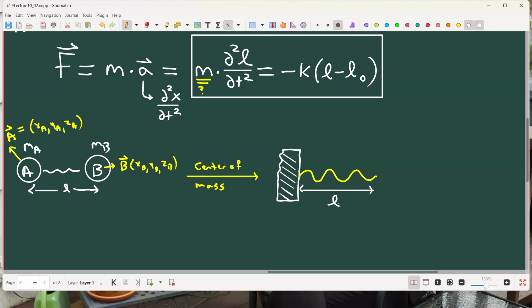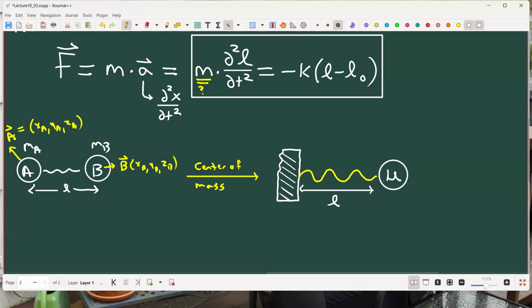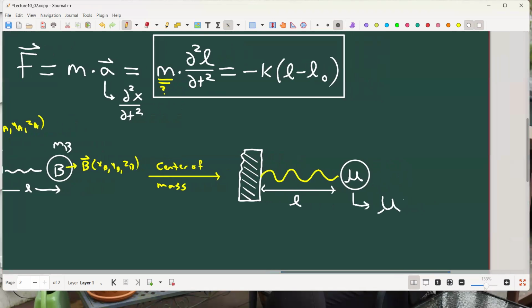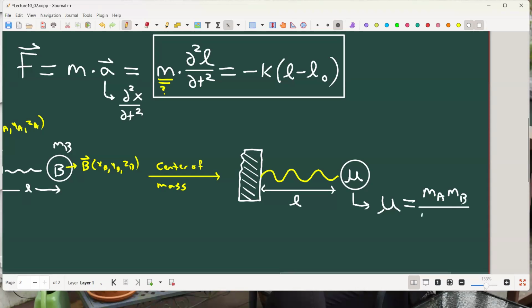But what I'm going to do now is attach a different mass to it of a different shape, which we call the reduced mass. We'll call this mu, where the mass of mu is MA times MB over MA plus MB. This is what we call the reduced mass.